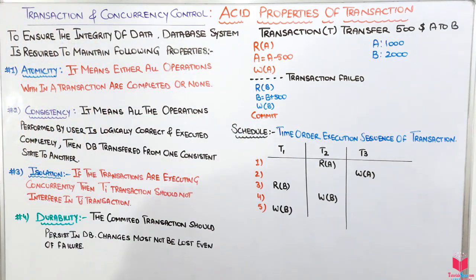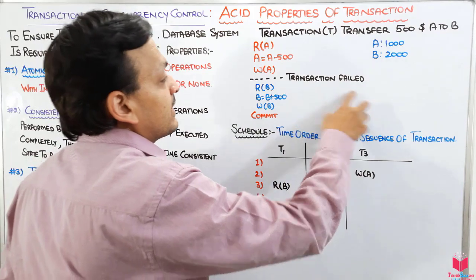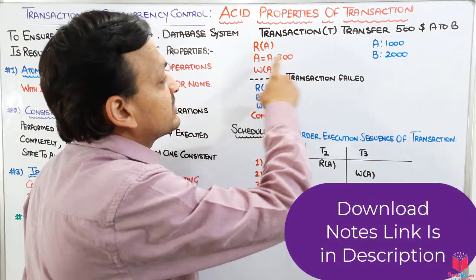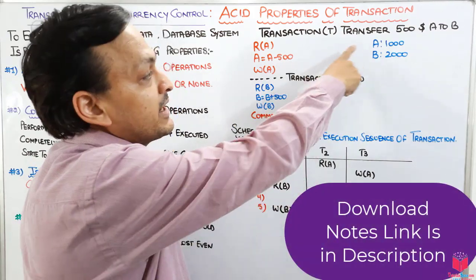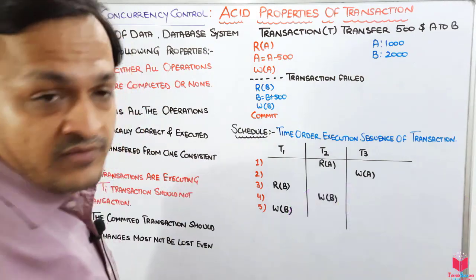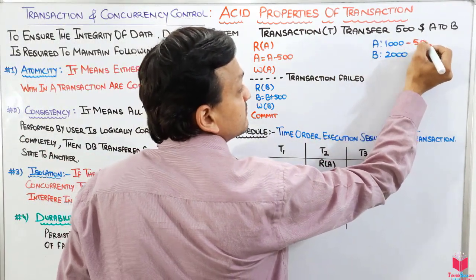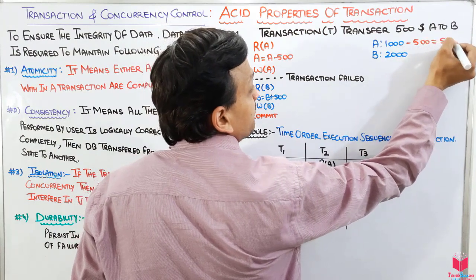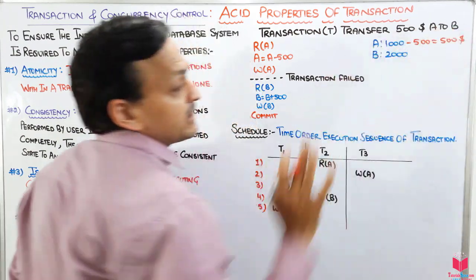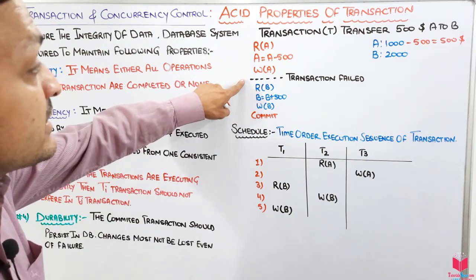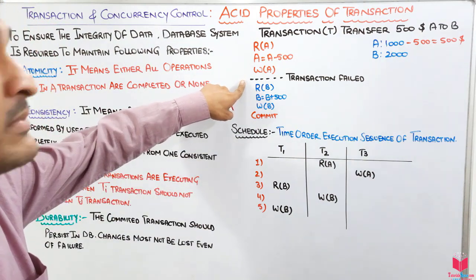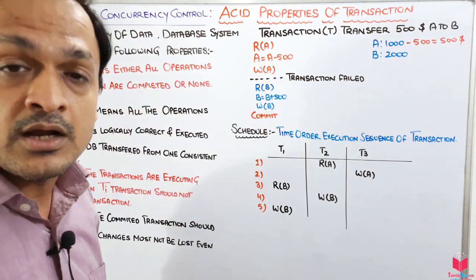Now suppose the transaction failed at this point, after deducting $500 from A's account. That means we have taken money from A's account, but the transaction failed before we added money to B's account.